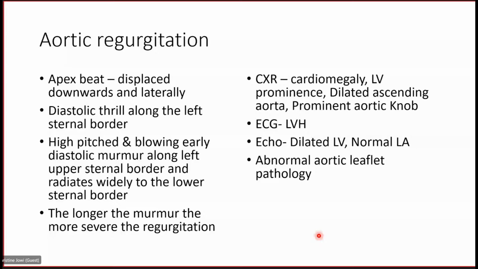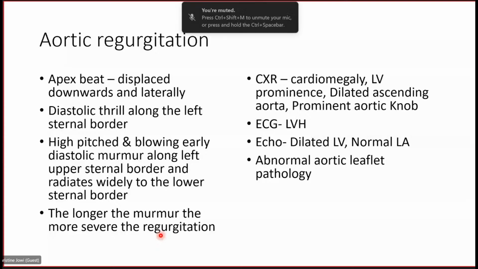There is a thrill in the left sternal border because the aortic valve is there, and the murmur is diastolic, and it radiates back to the apex. When the regurgitation is severe, it gets longer. Those are details. What I want you to remember is that aortic regurgitation gives you a diastolic murmur.